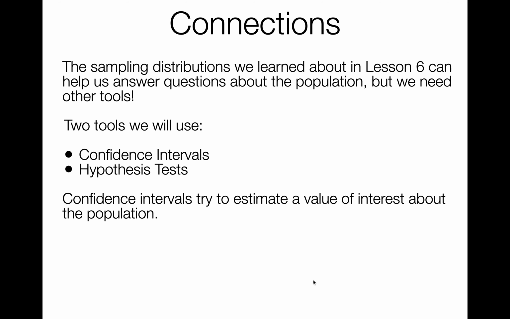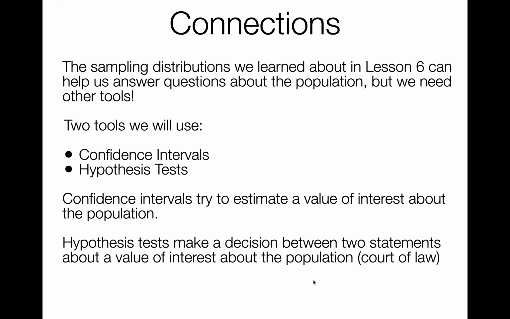So I'm going to say, well, I believe that around 58 to 62% of people support Joe Biden. That's a confidence interval. A hypothesis test makes a decision between two statements about a value of interest about the population. And so I put there court of law. We'll talk about that plenty in lesson 8. But we're going to focus on confidence intervals here.